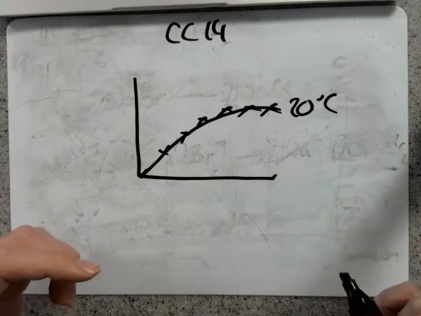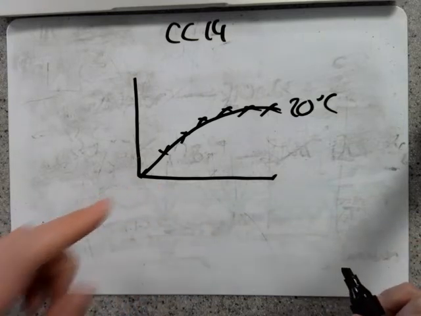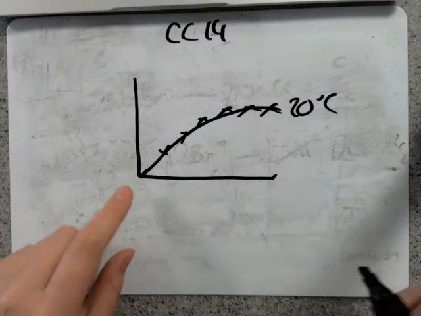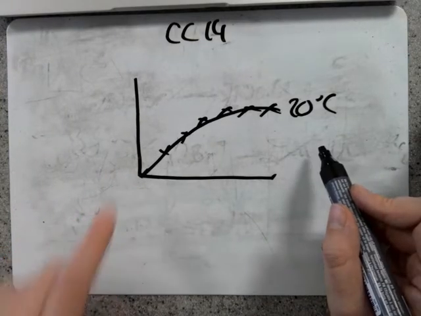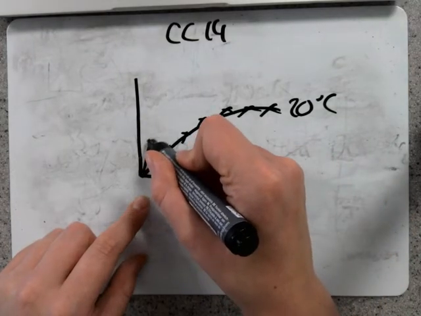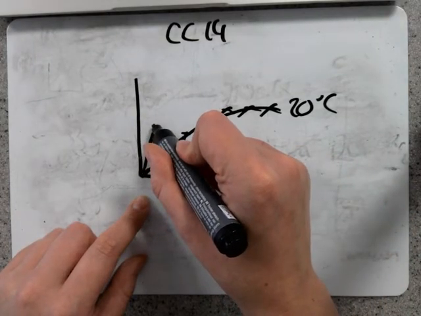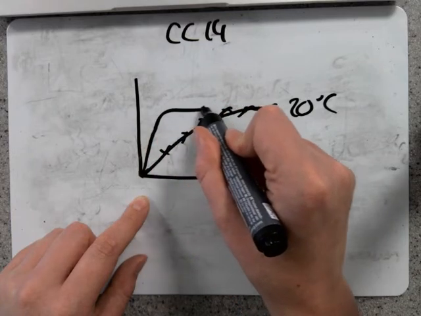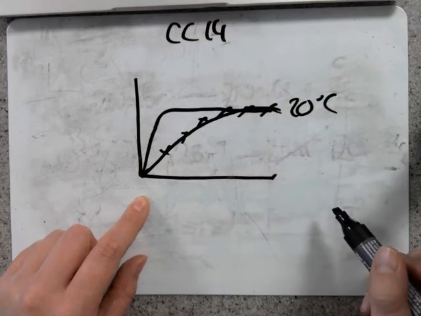And if you are drawing that graph for 40 degrees, there's two things that you need to be aware of. Because you're doing it at a higher temperature, the rate of reaction is faster, so the line should be steeper, so you get 1 mark for drawing it steeper. But it's going to be faster, but you're still going to make the same amount of product.